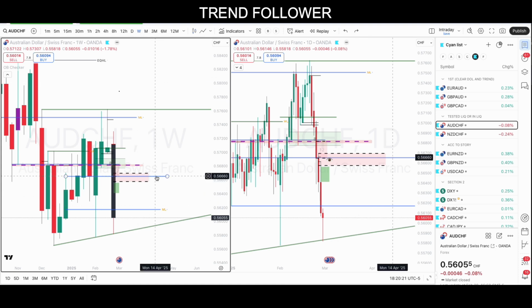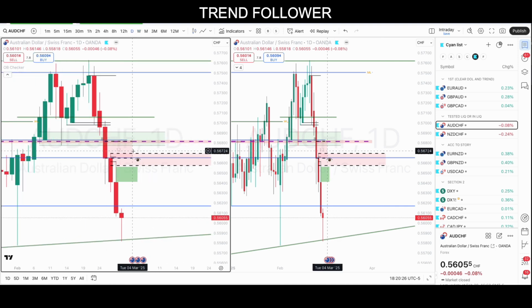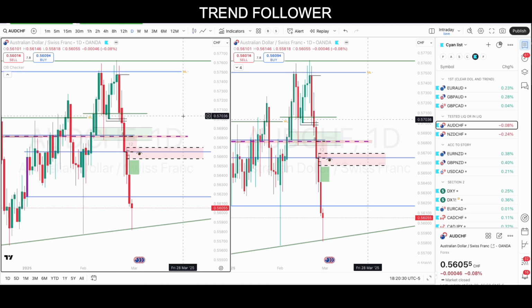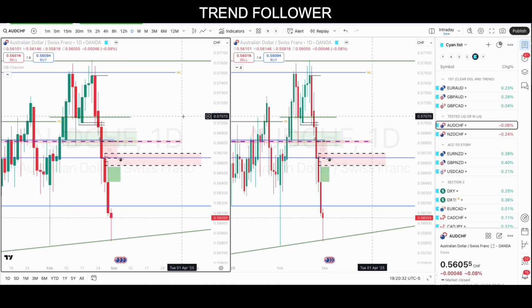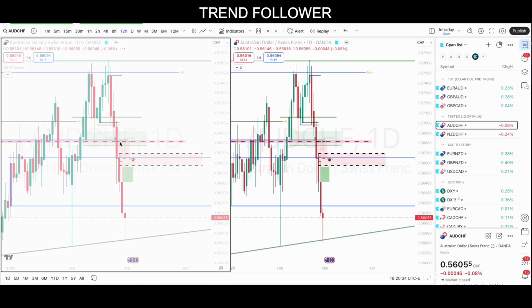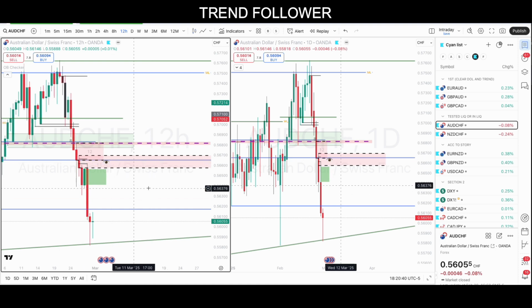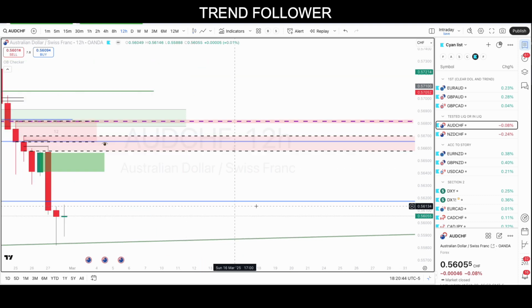So on the weekly chart right now, what I do like is, if you can see, there's no clear daily demand, sorry, supply, but what I have here is a 12-hour combination. So what you will see, I want to show you, I have to zoom in so it makes sense.